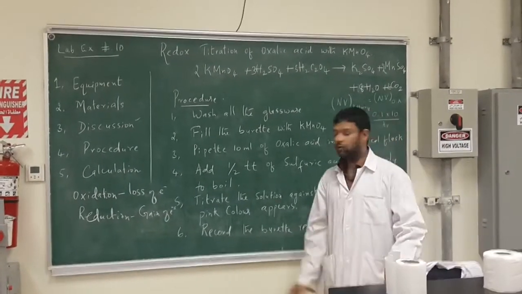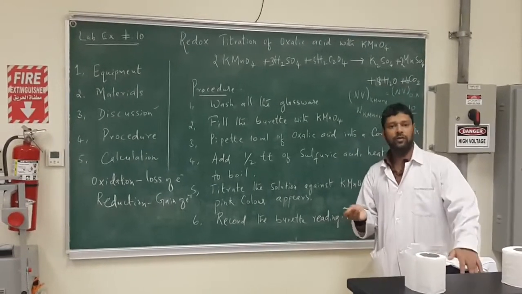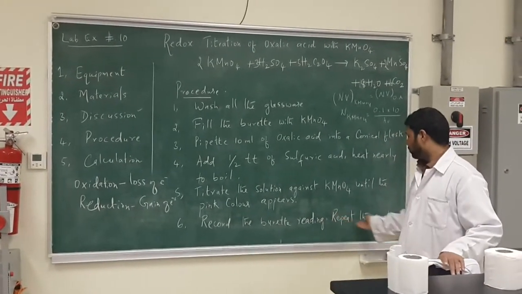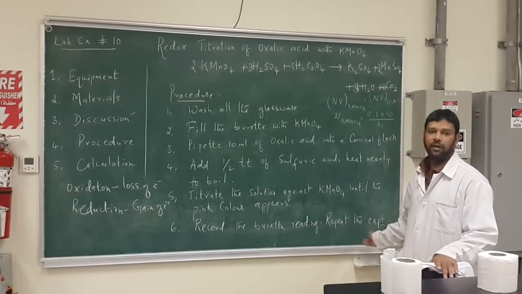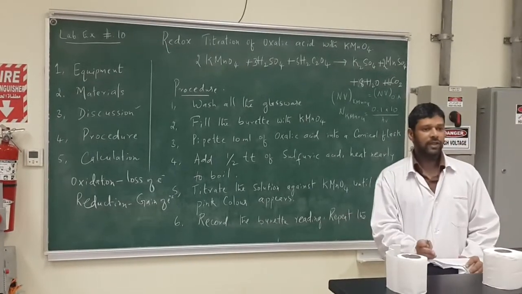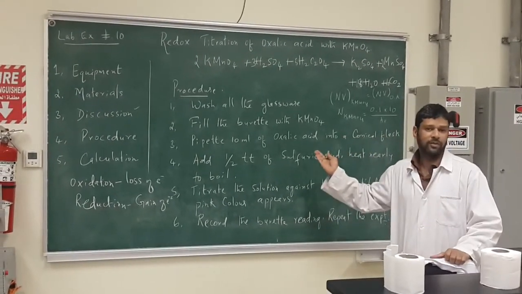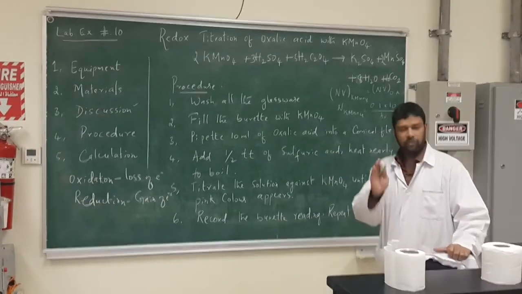Like this you have to repeat the experiment, up to 3 consecutive trials, 3 or 4. Take the average of all the 3 readings and apply it for the calculation. So this is your experiment. This is called redox titration. Thank you very much.